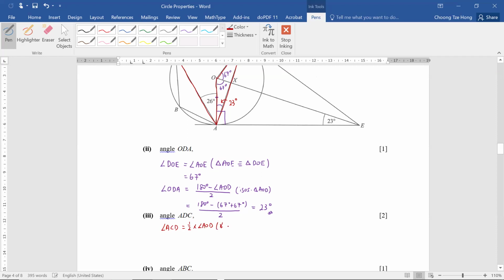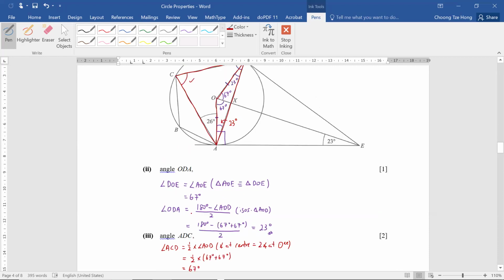Its property is angle at center equals twice angle at circumference. So you will get half times 67 plus 67, which is 134, so you'll get 67 degrees. In other words, the angle over here is 67.